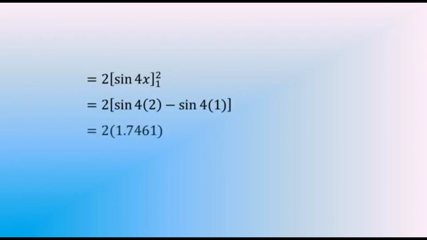Untuk next step, kita gantikan balik nilai u kepada 4x and then kita gantikan x kepada 2 dan 1. So kita boleh calculate. So jawapan akhir kita akan dapat 3.4923.